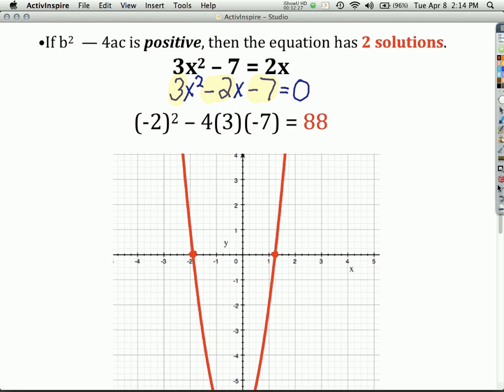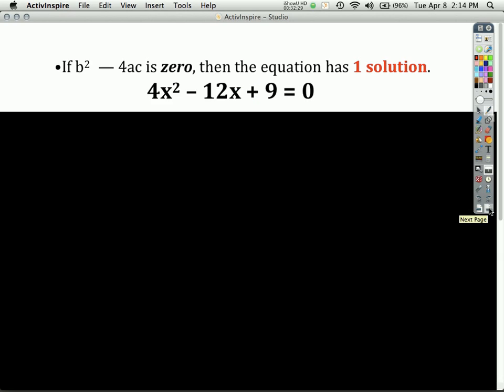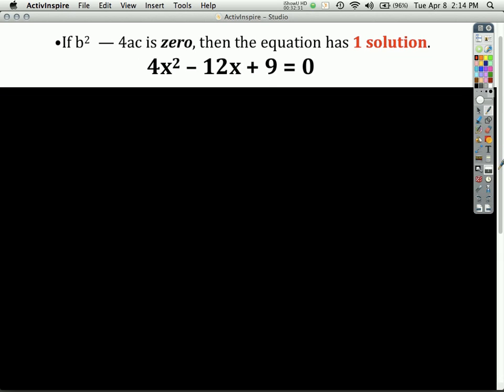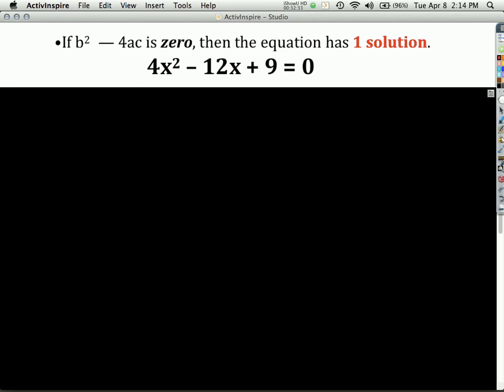All right, so let's take a look at what happens if the discriminant is 0. You don't have to recopy the statement. You already have that. But now copy down this example. 4x squared minus 12x plus 9 equals 0.